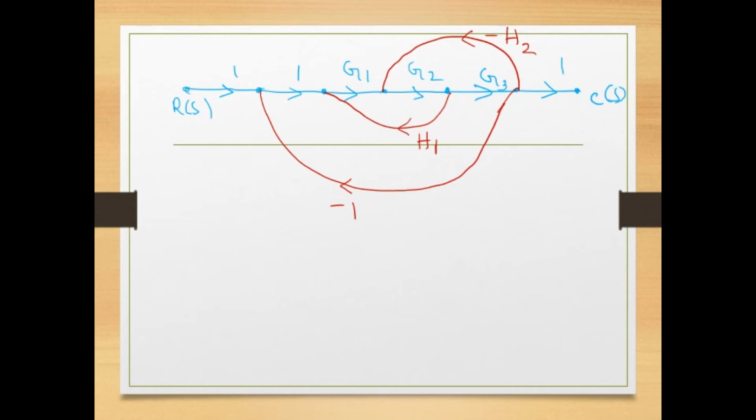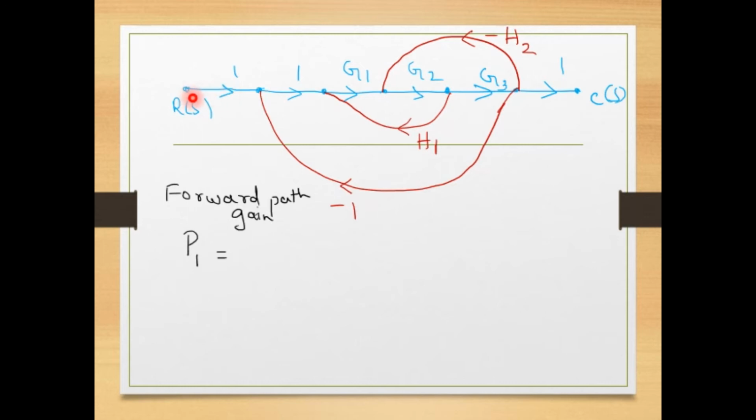Right now we first find the forward paths and feedback paths, and then we apply the formula. There is only one forward path, and I'll write the forward path gain as P1.